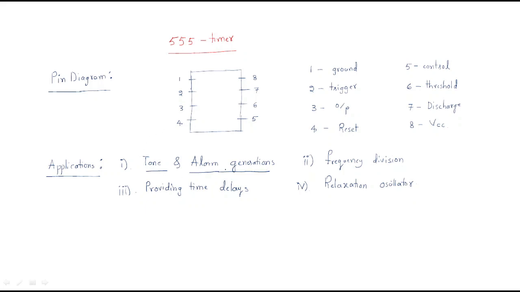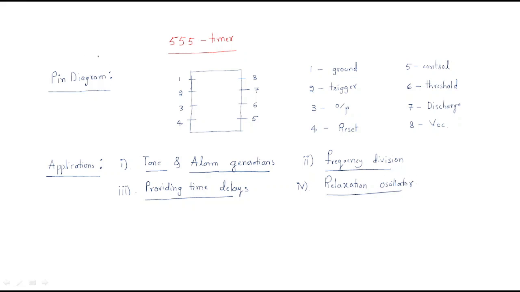In order to use an alarm, we generally use the 555 timer. It is also used for frequency division, to divide frequencies. Third, it provides time delay; time delay circuits are generally built with the 555 timer. Next, it is applicable in the relaxation oscillator also.